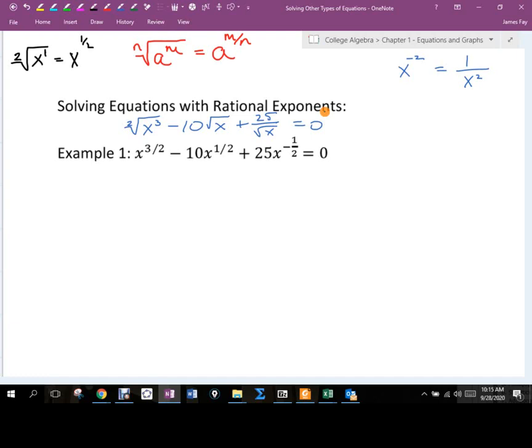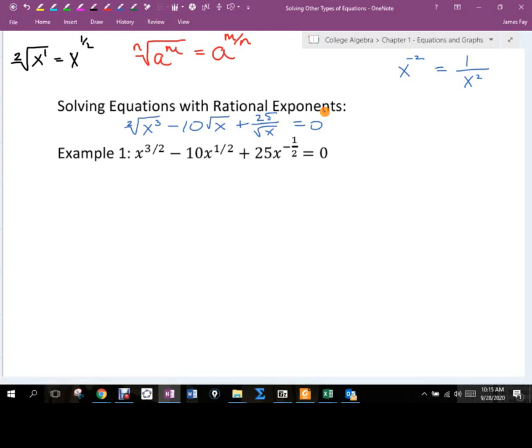Which you can do. You get 0. But then that last term would be 25 divided by 0, and that's undefined, right? So it tells us x is not defined for this equation. It's not part of the domain of that left-hand side, so it cannot be a solution, okay? Keep that in mind as we go through this process.